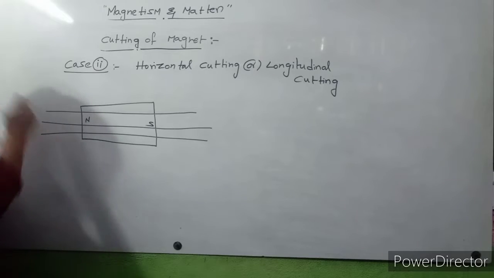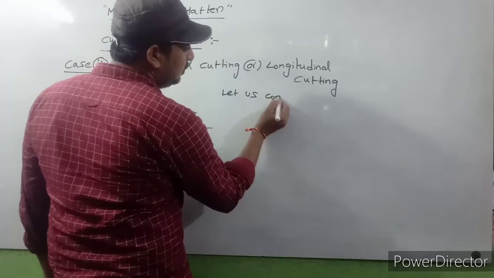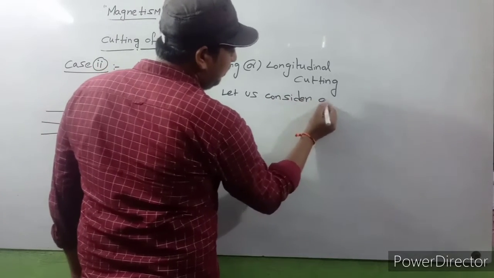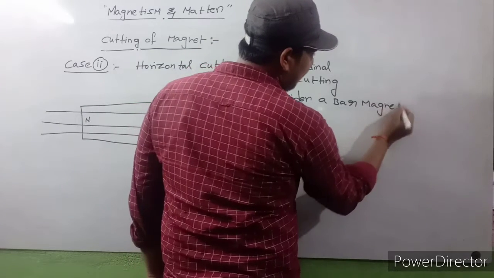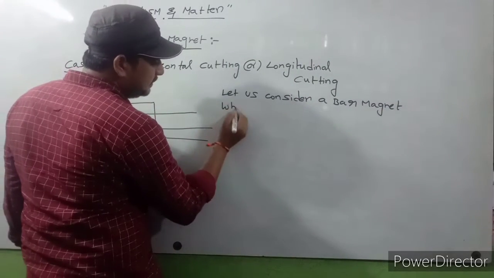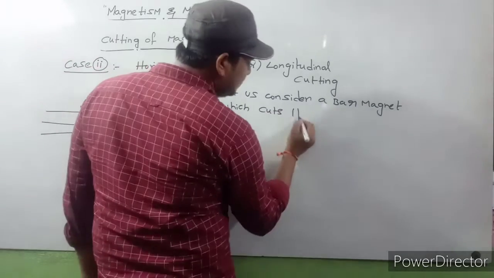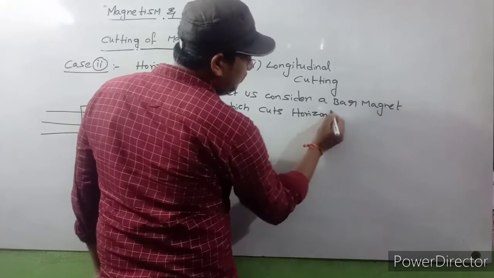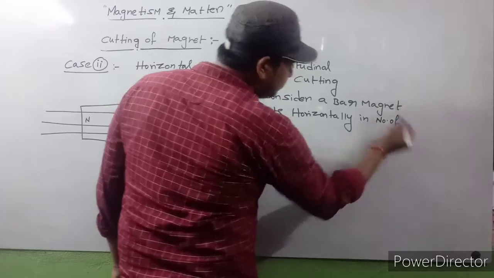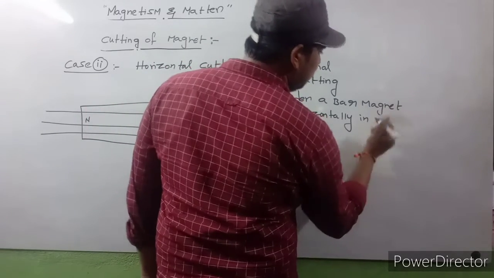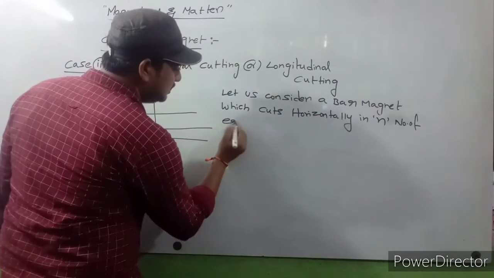So let us consider a bar magnet which is cut horizontally into small n number of equal parts.